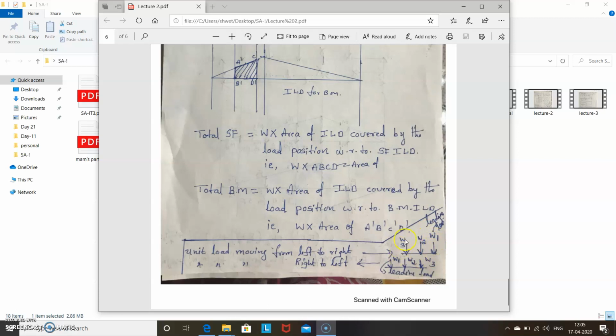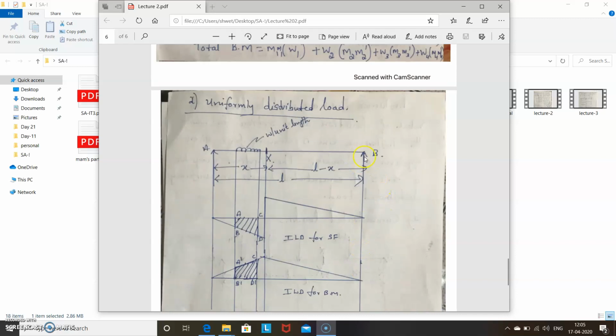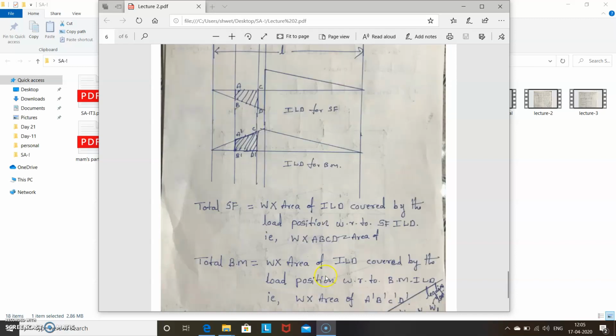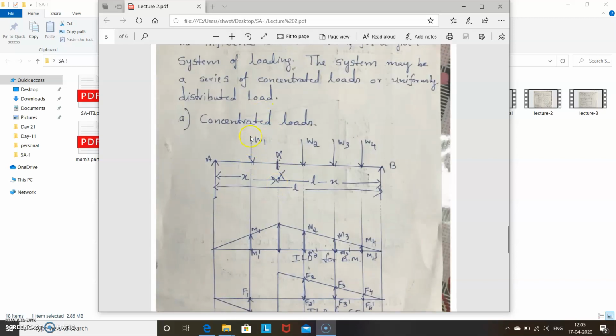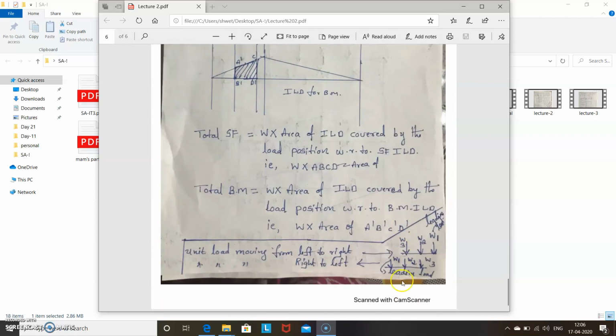This is the last load, called the trailing load. Next, if the unit load is moving from right to left, in the opposite way, means moving from here to here, then what happens? This load occupies the first position. So at that time W1, W2, W3, this is the leading load.